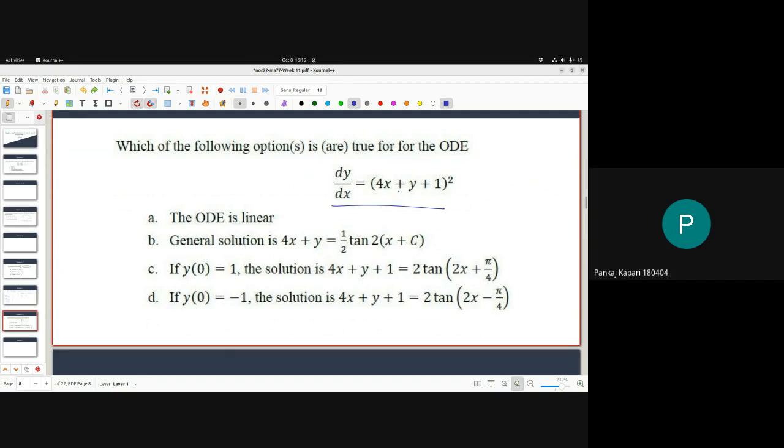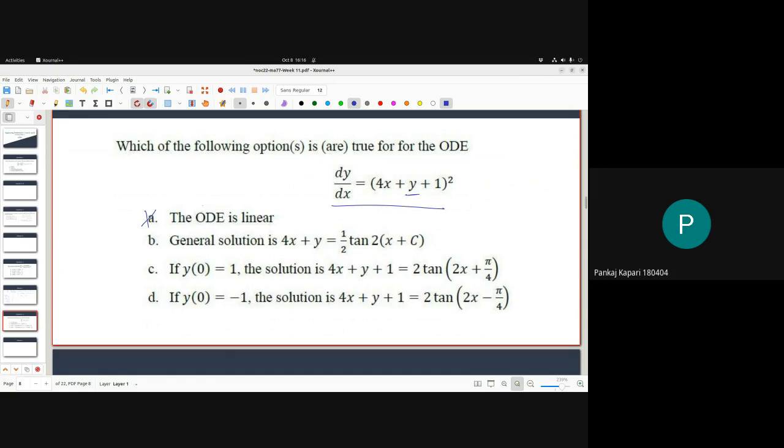We are taking a square of this particular function 4x plus y plus 1. Because y is there, if you open up this square, then you will get a term related to y square. That means the dependent variable has degree 2 in this equation, so it cannot be linear. So this option is already false.